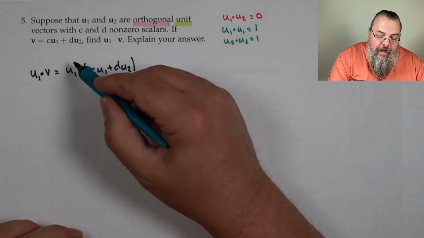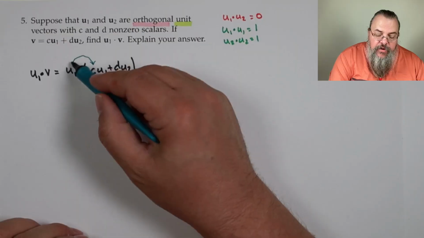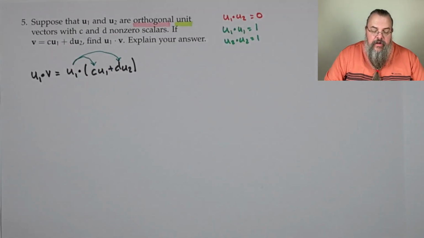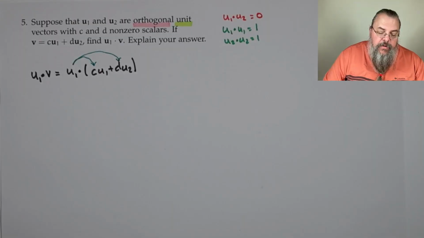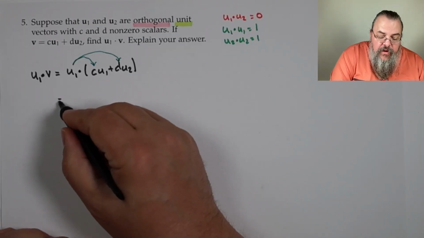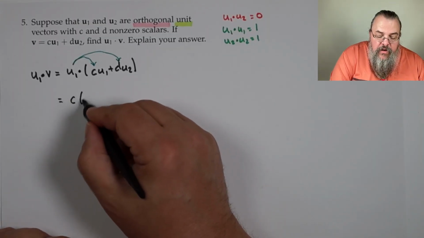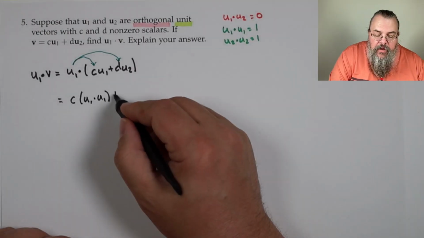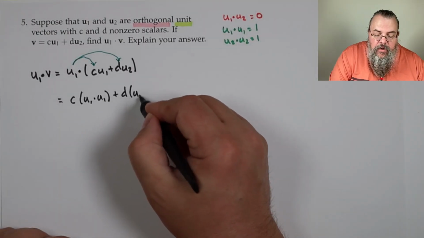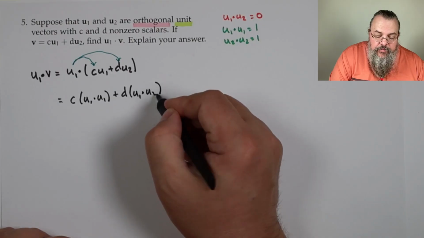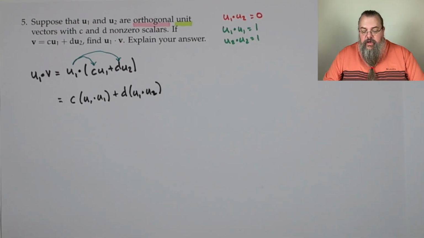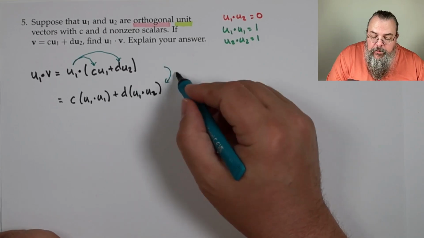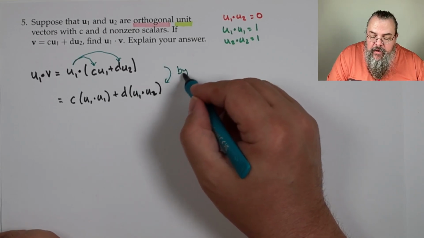One nice property it has is you can distribute. So we're going to distribute here. And so this becomes what? Well, this becomes c u1 dot u1 plus d u1 dot u2. Okay, so this is by distributive rule.